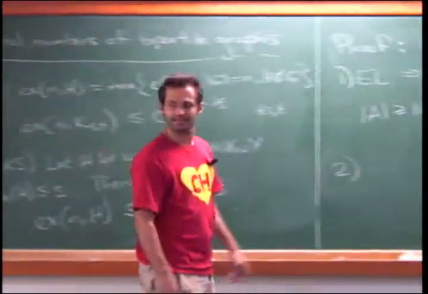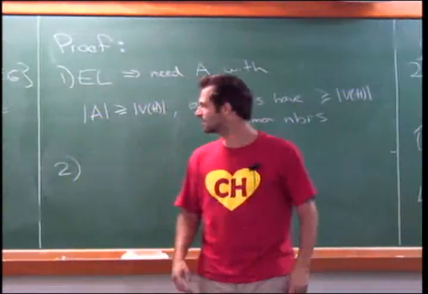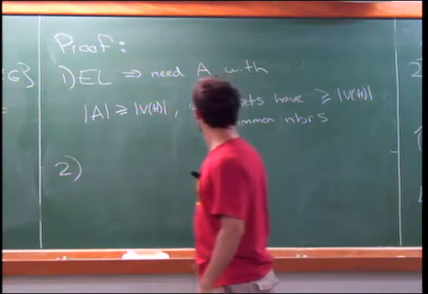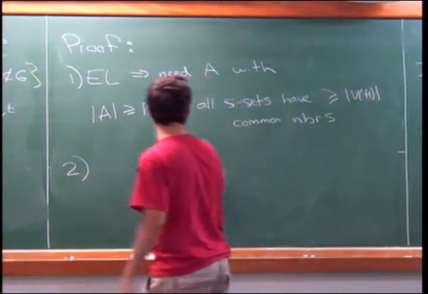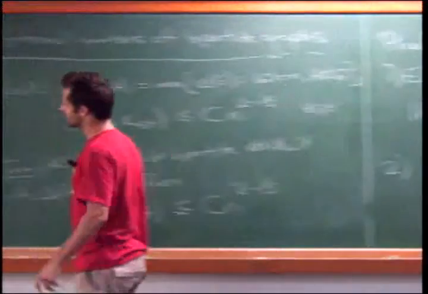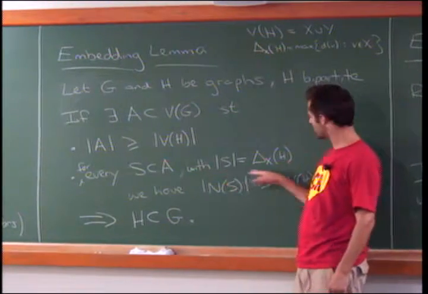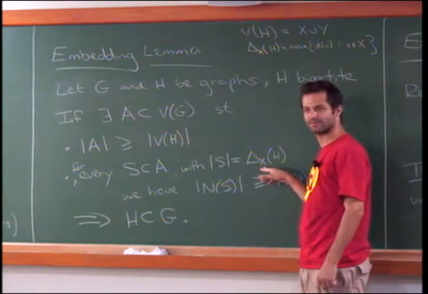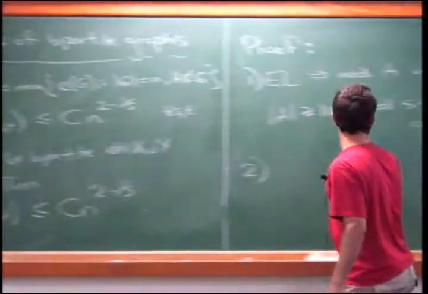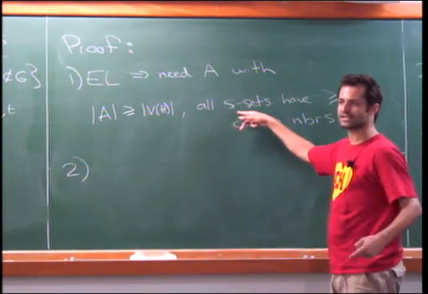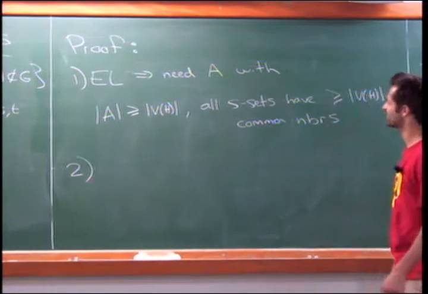The cardinality of the S is S. Right. So we want this to hold for every subset of A of size S. Sorry, I'm writing S sets for sets of size S. Yeah.